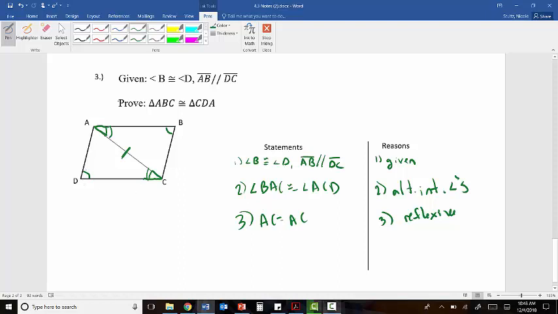And hopefully you can see if you look at just one triangle, either the bottom or the top, you have angle side. So the triangles are congruent. So triangle ABC is congruent to triangle CDA because of angle side. So we'll continue practicing these proofs, but that's basically how they usually run.